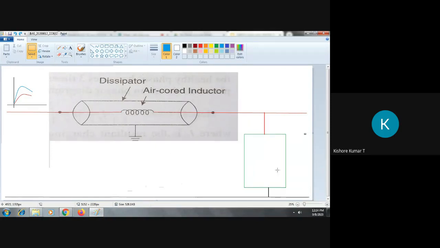Okay, see here, this is a protective device. A surge absorber is a protective device, and this is a transformer, the equipment which is to be protected. Let us imagine this as a transformer. Now the insulation level of this transformer must be high when compared with the insulation level of the surge absorber.